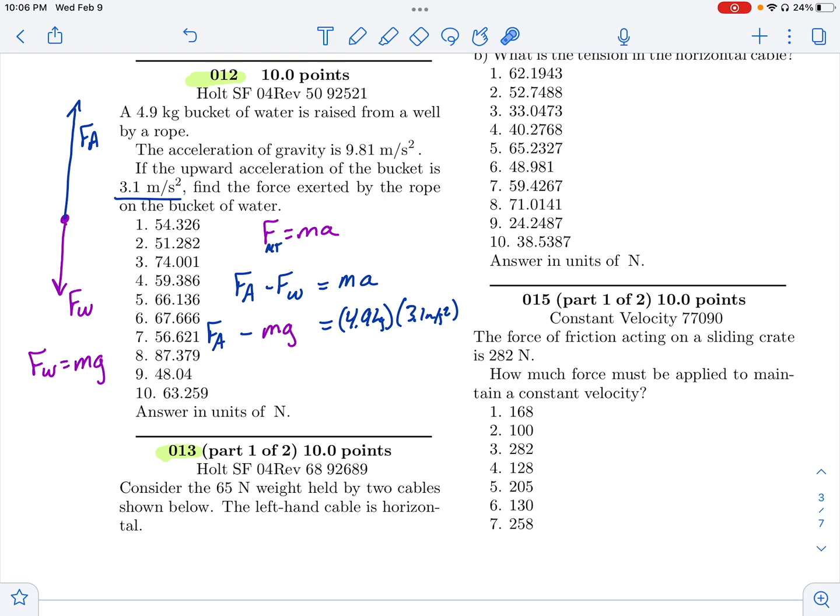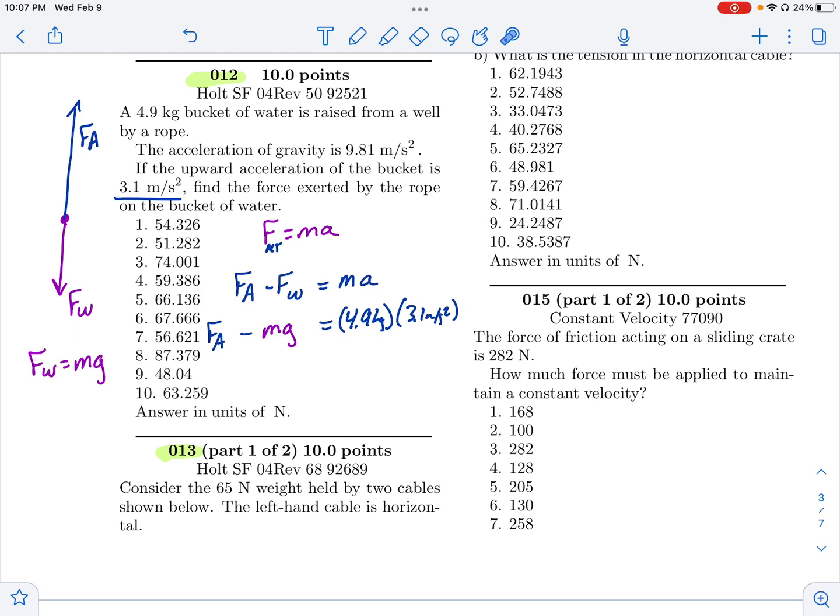And that net force is giving us the acceleration of 3.1 meters per second squared. Therefore, I need to subtract: applied minus weight is equal to mass times acceleration of the bucket. All right, from there, you can substitute in knowing that weight is mass times gravity. They give you the mass, you know what g is, and subtract to find out that final applied force.